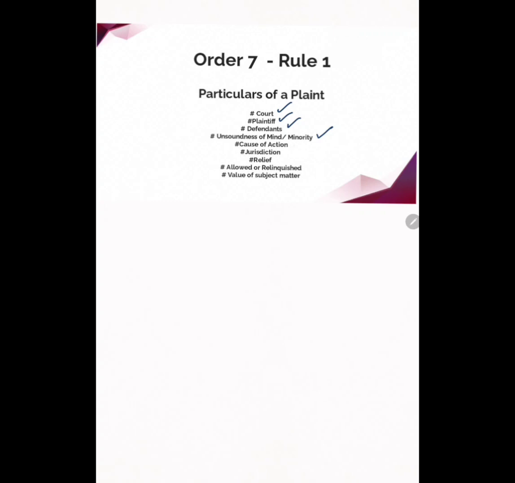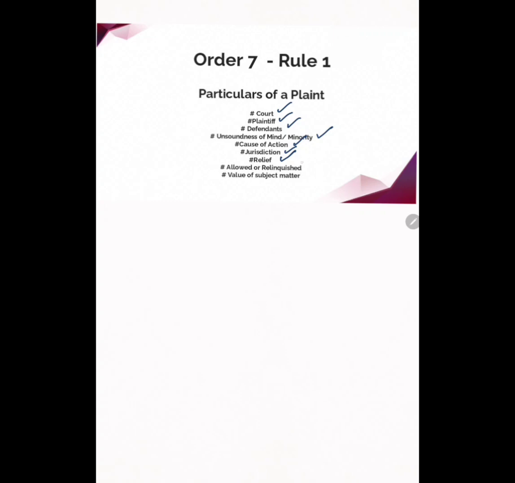Next is the cause of action. When the cause of action has arisen has to be mentioned in the plaint, and whether the court has jurisdiction, and the relief which the plaintiff claims. Then there might be cases wherein the plaintiff has waived or allowed a set off or a portion of his claim.